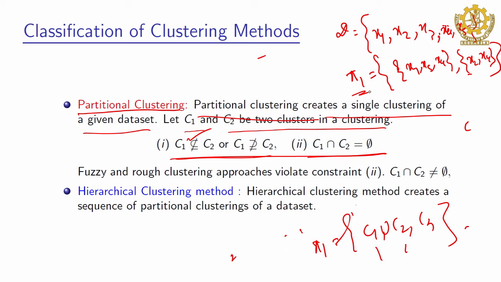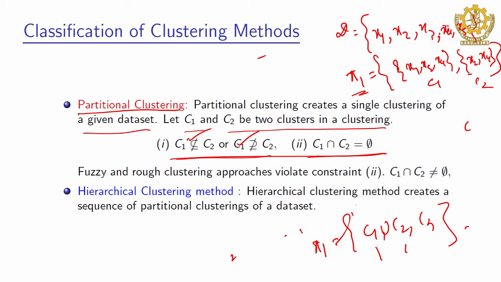We are getting a single clustering, so this can be a partitional clustering according to this definition, which creates a single clustering of the data set. Now, you take this C 1 and C 2, there is no subset or superset relationship, this is satisfied, and if you take the intersection it will be null. So, this is an example of partitional clustering. If any clustering technique produces a single clustering with these two conditions, then we will say it is a partitional clustering technique.